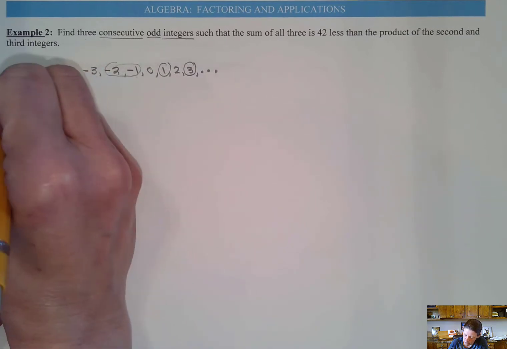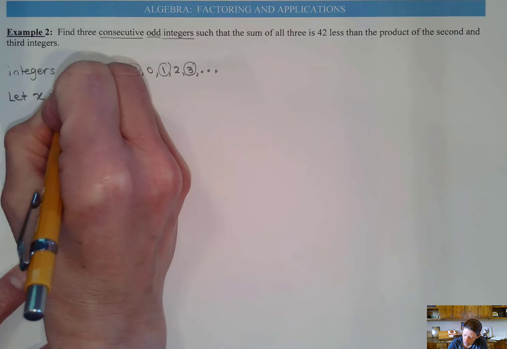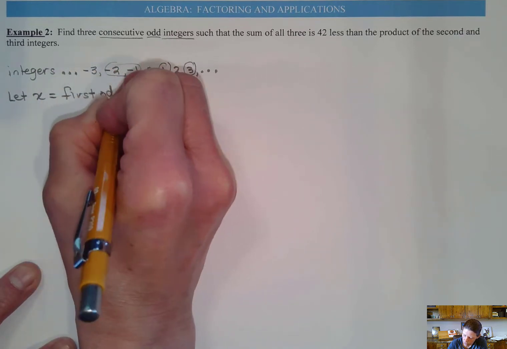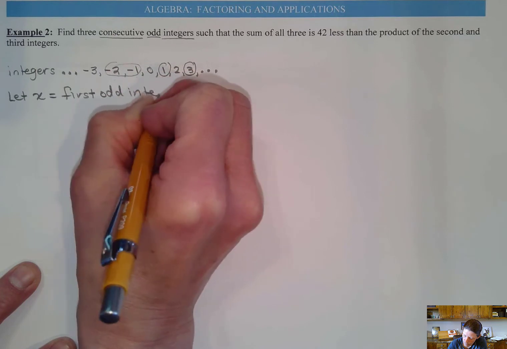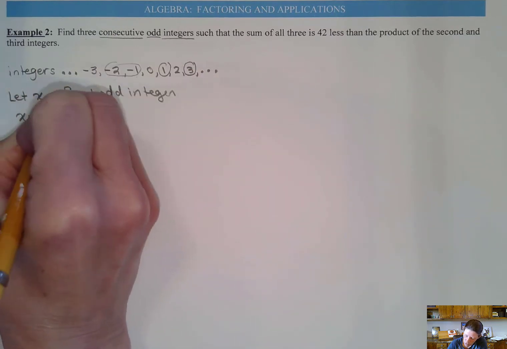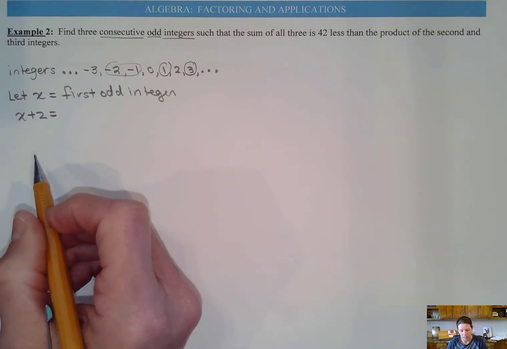So let's let x represent the first odd integer. Now x plus 2 is an expression that we can use to represent the second odd integer.